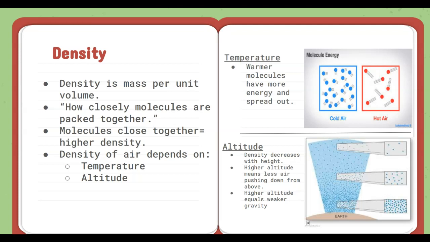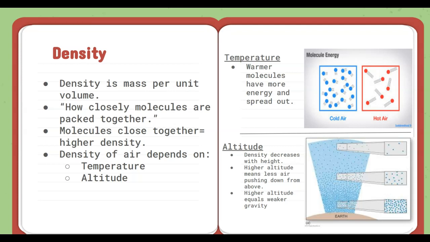If you want to go back to previous science learning, you can think of a gas, liquid, and a solid. And remember how a solid's molecules are very closely packed together, whereas a gas's molecules are more spread out. Molecules that are closer together equal a higher density.